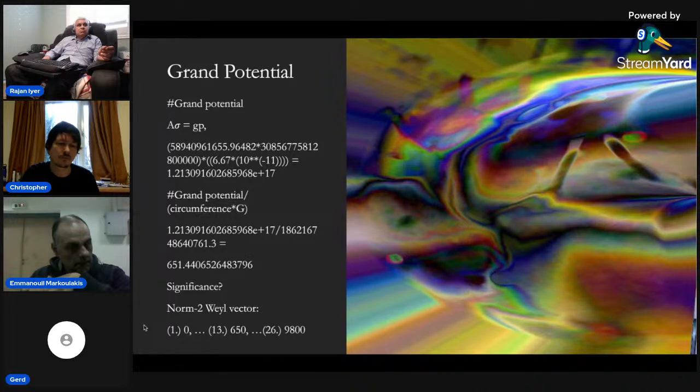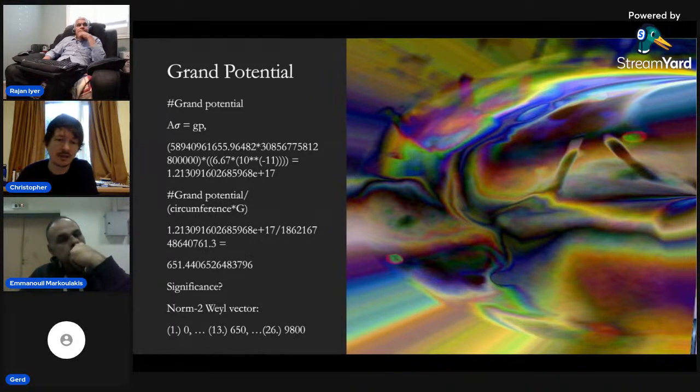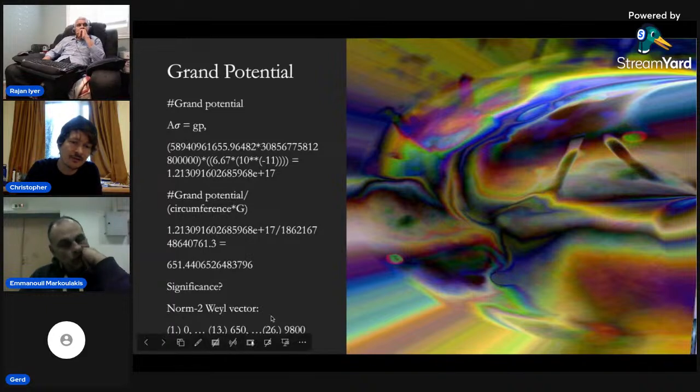I'm wondering about the significance of that number, especially since we looked at the norm of the Weyl vector before, and it's a 26-dimensional vector. The first one is 0, obviously, and the last one, the norm 2 version, has this value, but the 13th, which is the mid value, has 650. So I don't know if there's a relationship there. It's just a pattern I noticed.